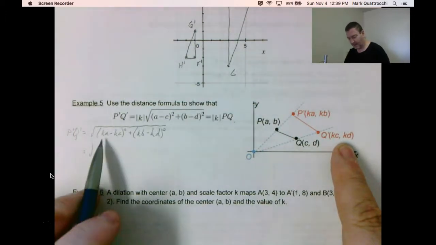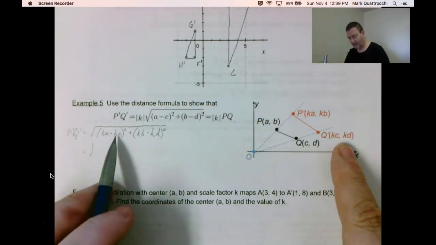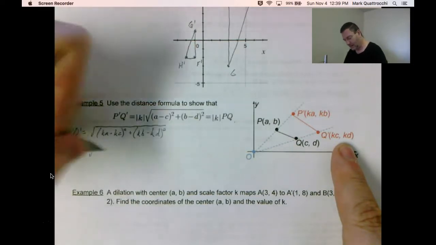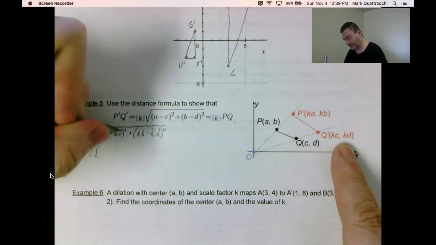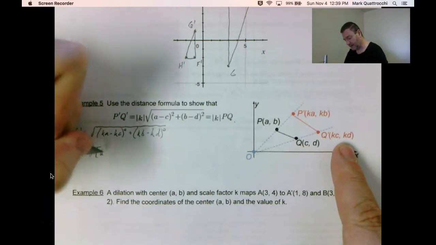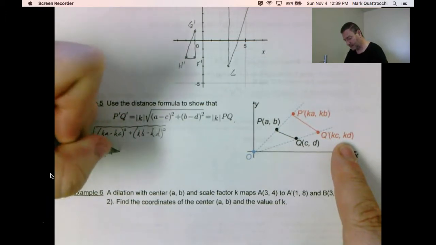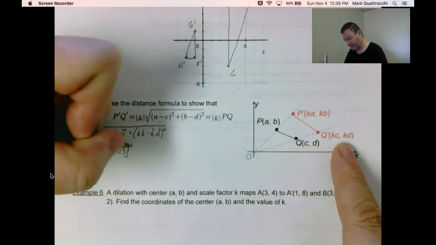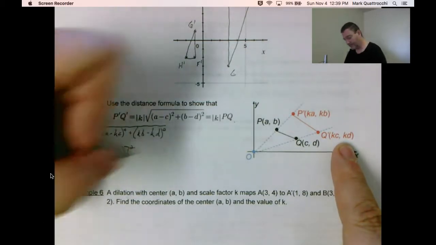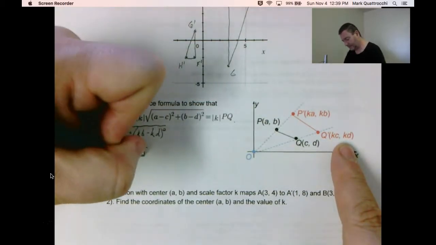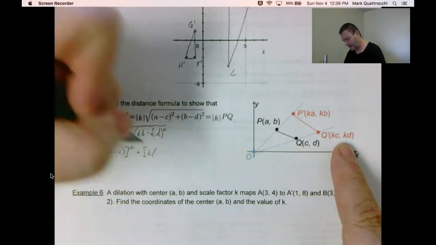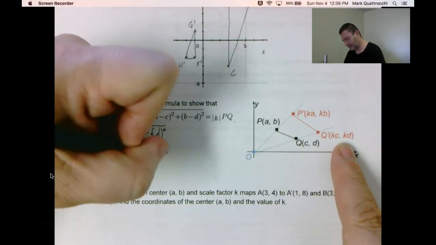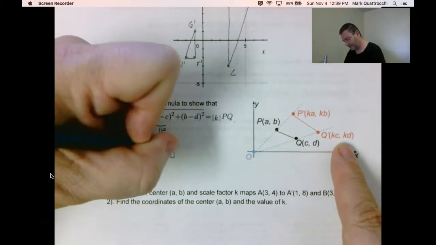I have a K in common here, so I can factor out the K, but I'm going to leave it inside of the squared, so it's K times A minus C, still squared, plus, same thing here, K times B minus D, still squared.